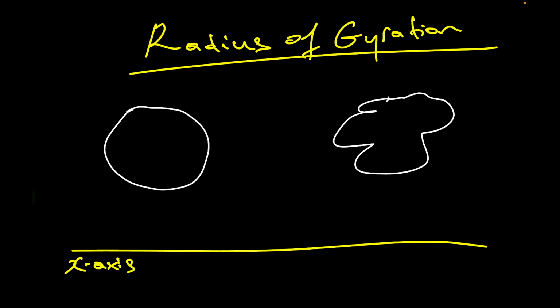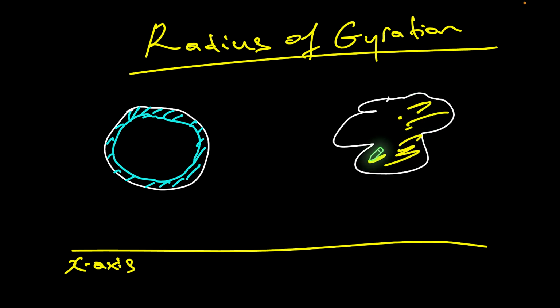The full mass or area may be spread out in a complicated way. Even this circular object here may have more of the mass concentrated at the edge. And this other irregular shape is already complicated, so no need to make it even more complicated. So these are our two objects that we're focusing on.